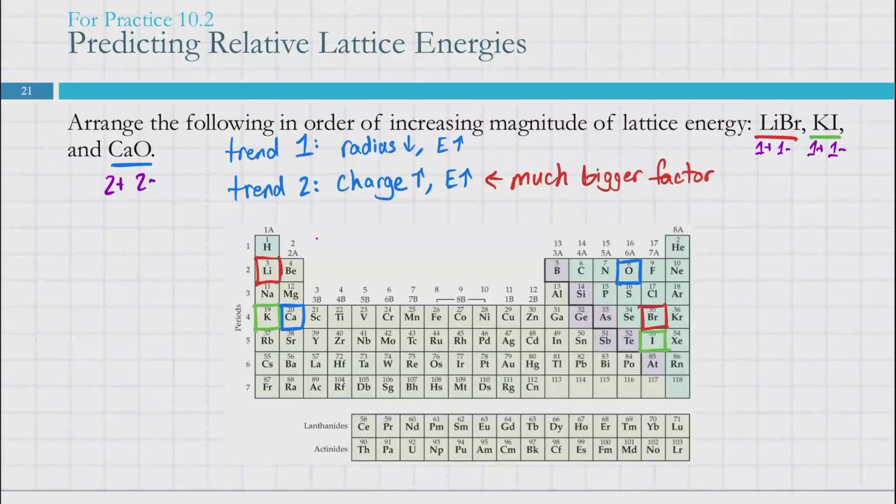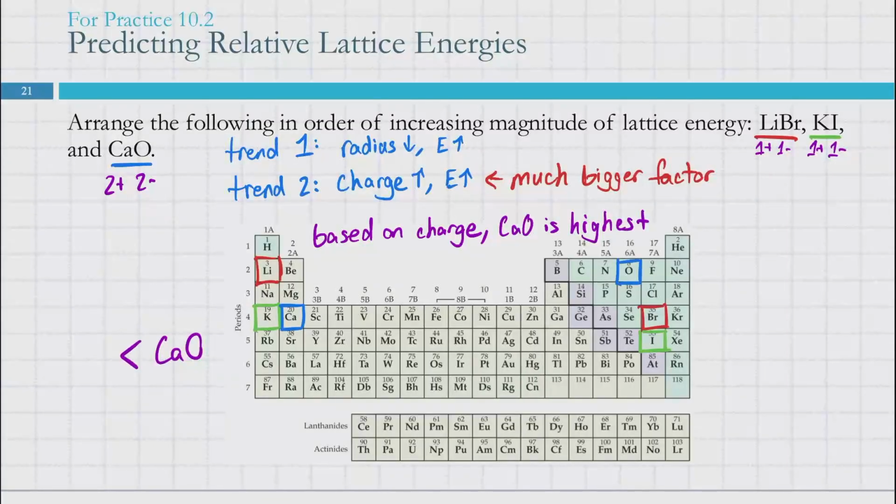So based on charge, calcium oxide is highest. And then we are not sure about lithium bromide and potassium iodide based on charge. But we have our other trend, which says that as the radius decreases, as they get closer together, our energy increases. So we have to compare lithium bromide and potassium iodide.